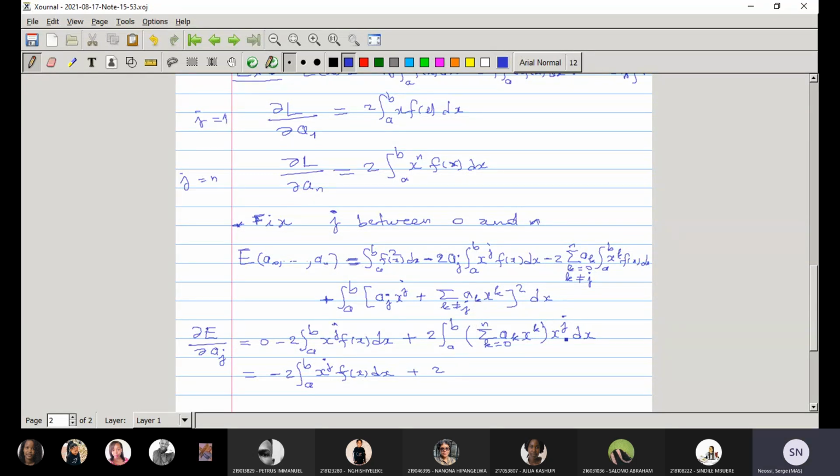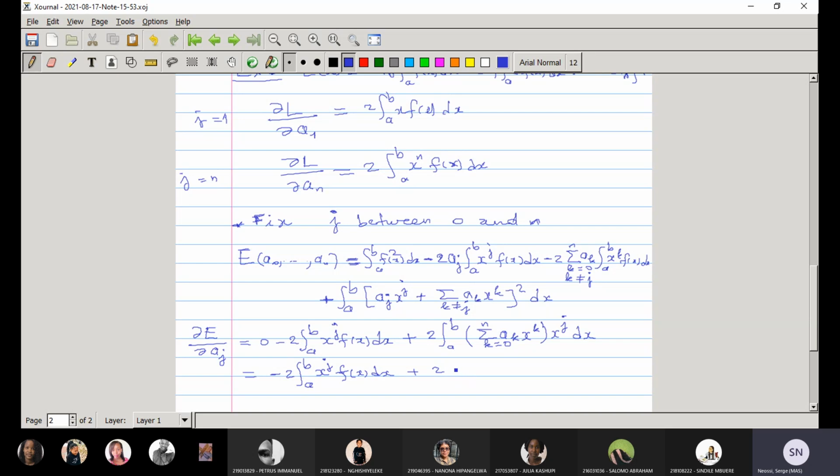Now if I take this inside, this factor will be x to the k plus j, or j plus k. Now I can take the term that does not depend on k, the summation k running from 0 to n, out of the integral sign.